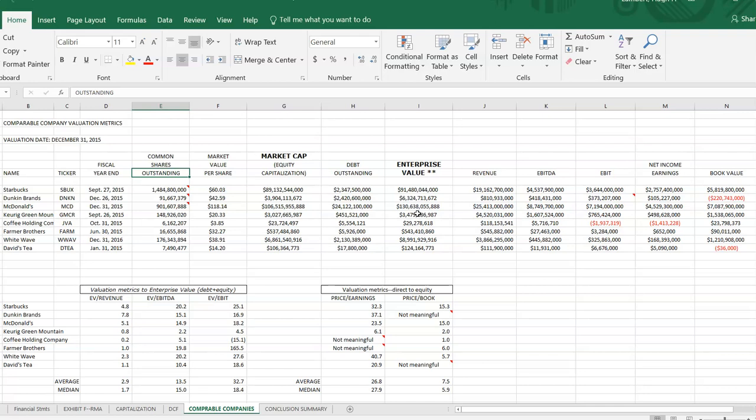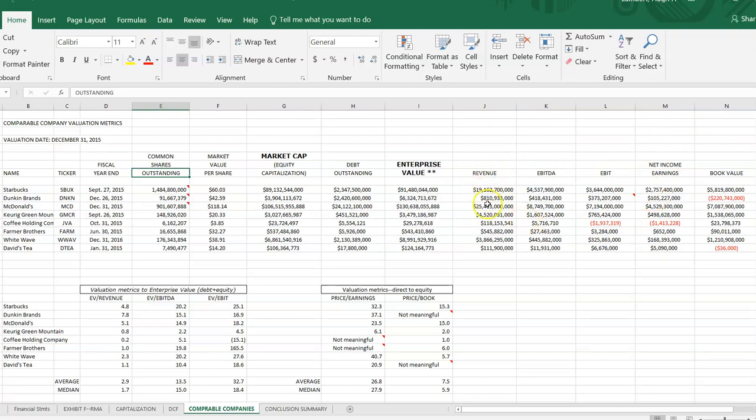So we're taking the market value of equity in column G plus the debt outstanding in column H. We add those two together, and we get the enterprise value. And this really, again, is saying what is the value of the company's debt plus equity. These other measures in columns J, K, L, M, and N are accounting measures.